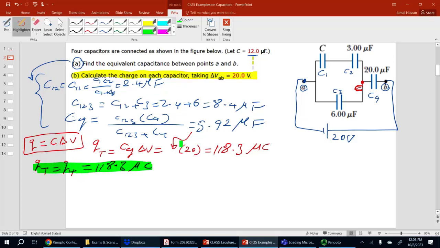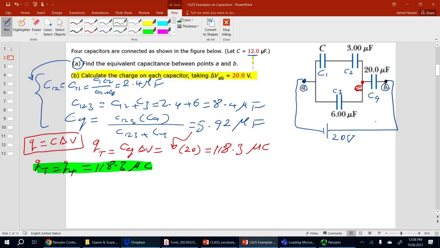Now, from here on, there are different ways. At least two ways to continue. One way, you could find the potential difference across C1, 2, 3, and that potential difference will be the same for C3 and the same for C1, C2 combined. Or you could do the following.